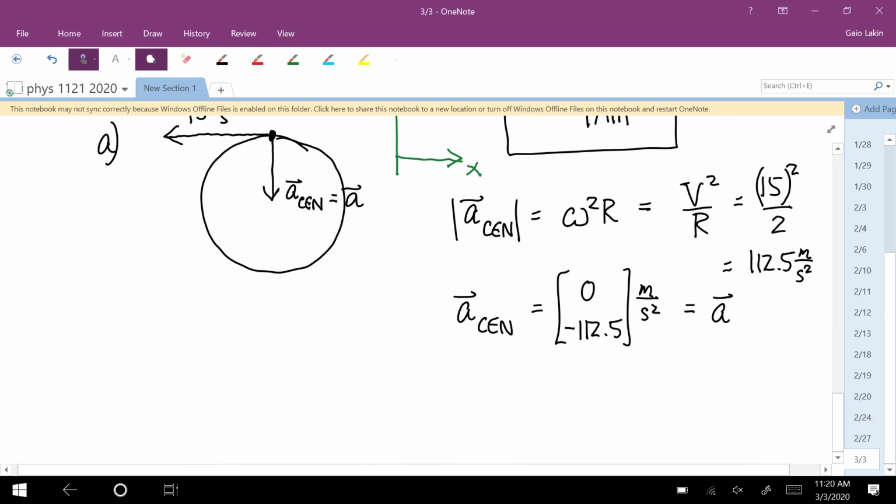Okay, so now we have that acceleration. Next, we have to figure out the net force acting on this. The net force is the mass times the acceleration vector, so that's 350 times that acceleration vector.